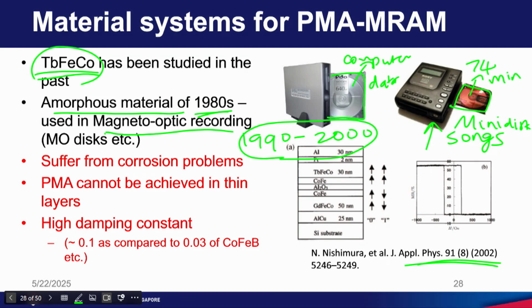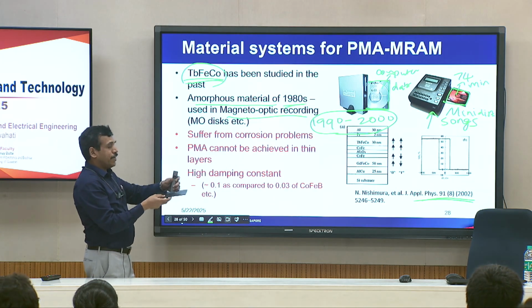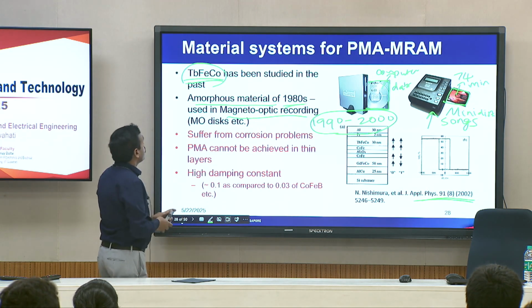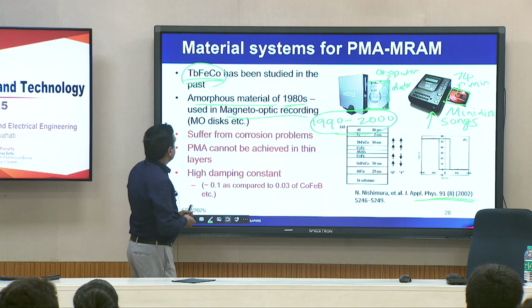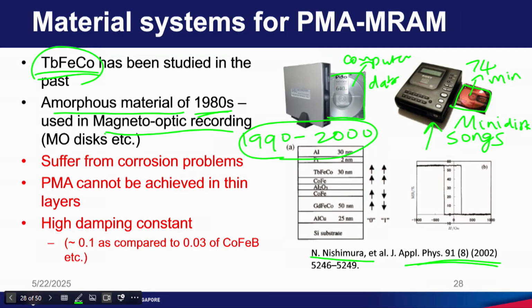That means if you grow this terbium iron cobalt on a certain substrate, the magnetization will point perpendicular to the disk surface. So these researchers from Japan proposed that we can use them for perpendicular MRAM. If you look at this structure, you will see an aluminum oxide. Aluminum oxide is the barrier for tunneling.